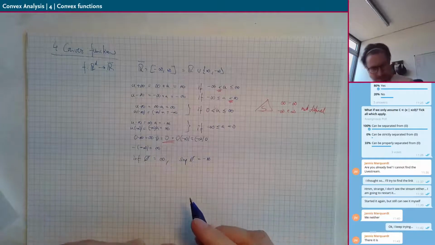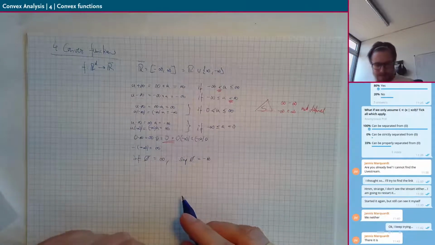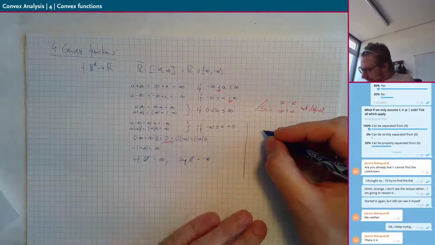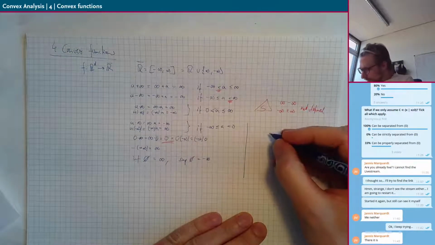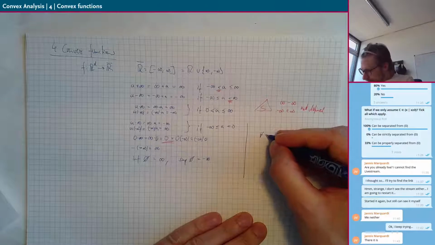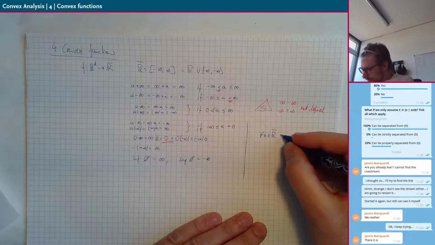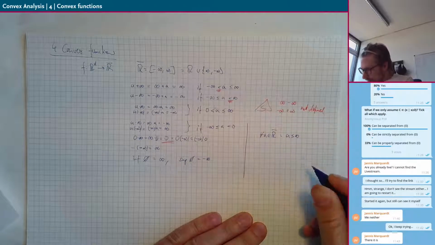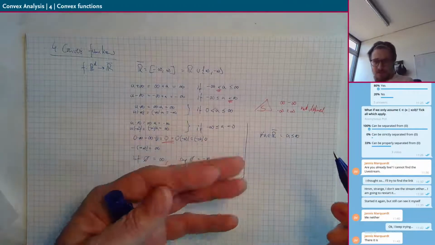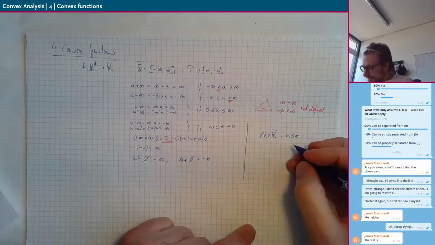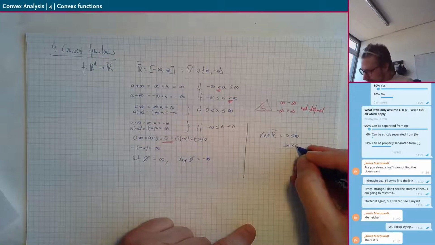Oh, and I forgot one thing. It's also not in the lecture notes, but probably that's clear. We also say about the ordering that for all a in the extended line, it holds that a is smaller or equal to infinity. So in the extended real line, infinity is the largest element and minus infinity is the smallest element.